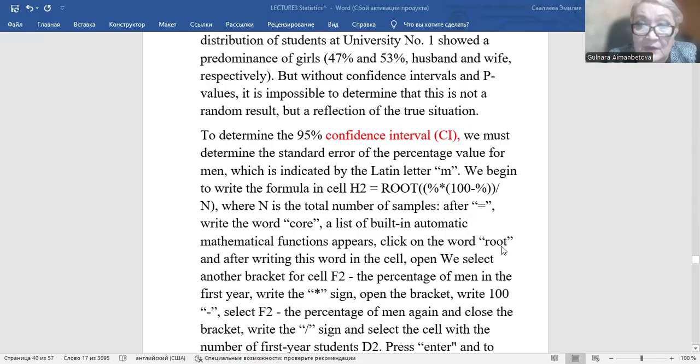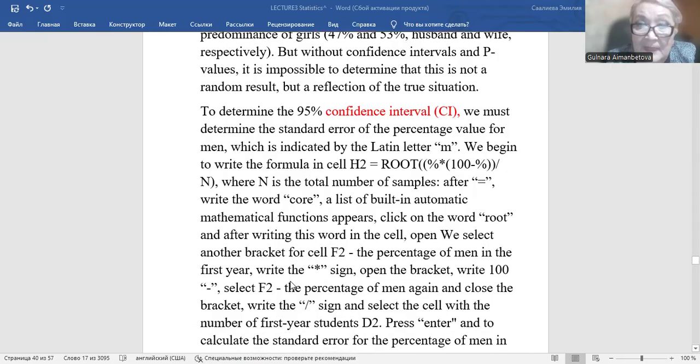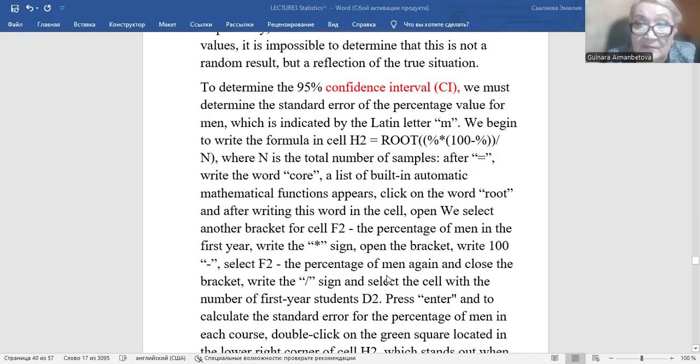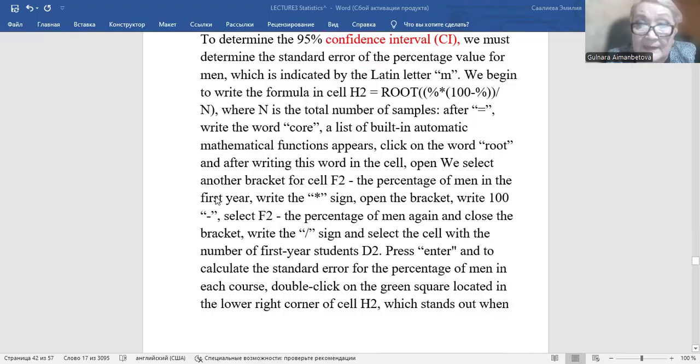Click on the word root, and after writing this word in the cell, open the bracket, we select another bracket. Select cell F2, the percentage of men in the first year, write the multiplication sign, open the bracket, write 100 minus, select F2, the percentage of men again, and close the bracket, write the slash sign, and select the cell with the number of first year students D2.